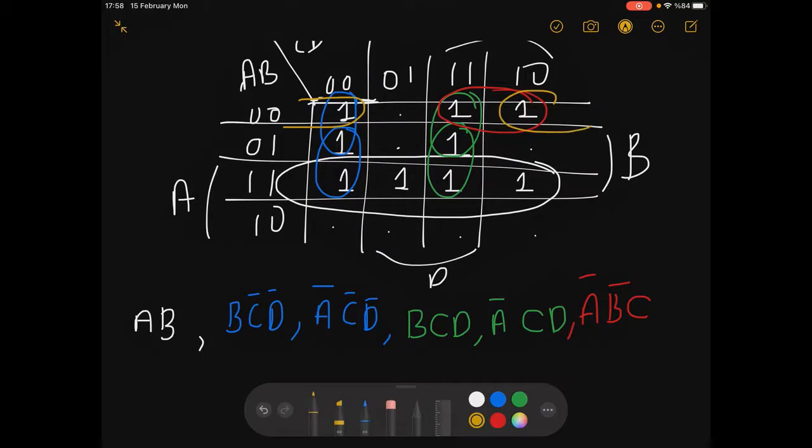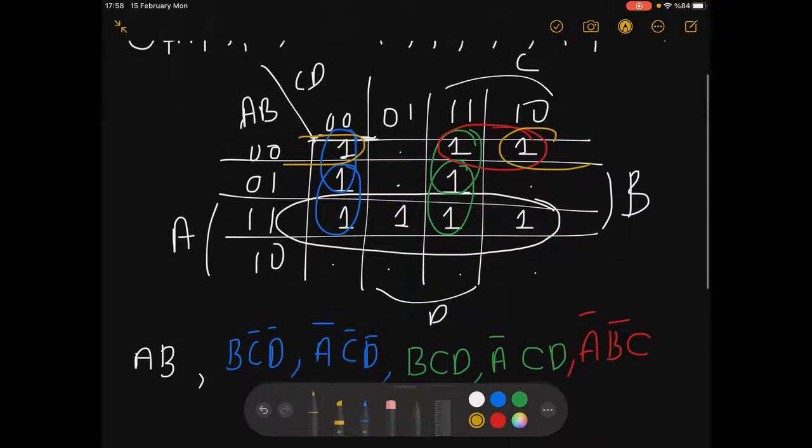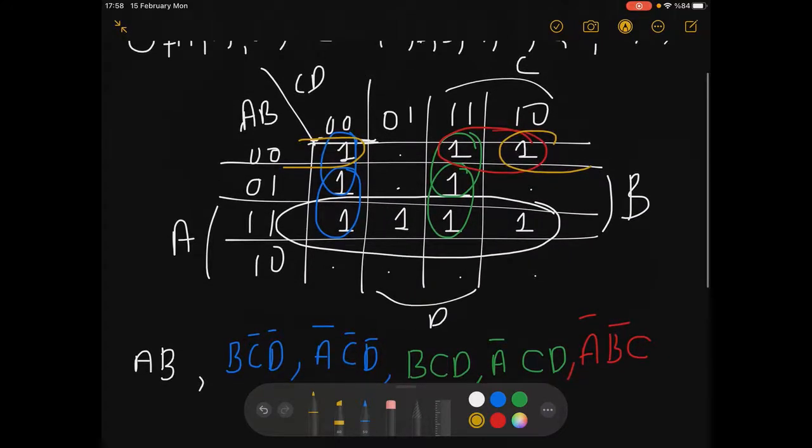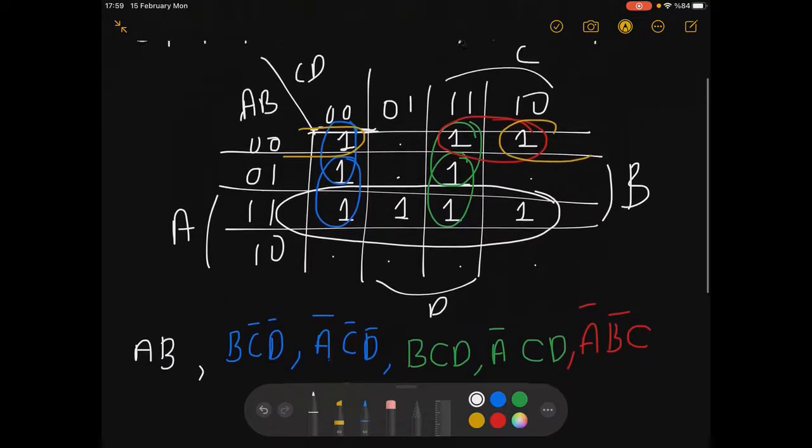You see these are neighbors, so it is A not, B not, D not. So we ended up with 7 prime implicants. That's the idea of finding the prime implicants.